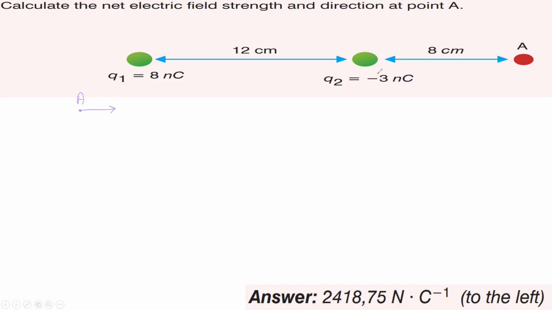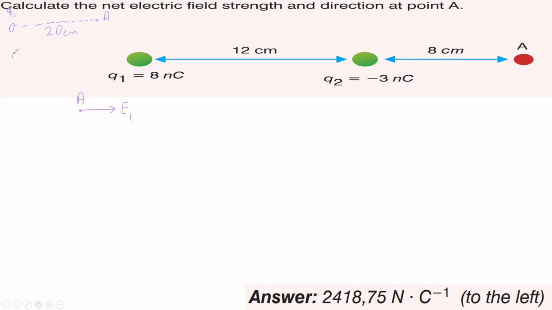Just forget about Q2 for now. This is for this position. You have Q1 and point A. And what about your distance? 20 centimeters. Please remember that. When you calculate E1, you are going to use 20 centimeters because the distance between Q1 and A is 20. So this is our E1. And then what about E2?